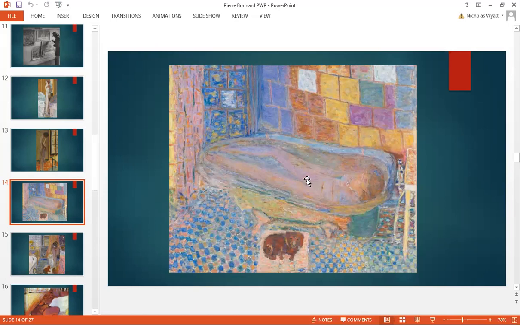But what he's doing is, the reason we're able to actually distinguish Martha, he's playing off cool and warm colours.